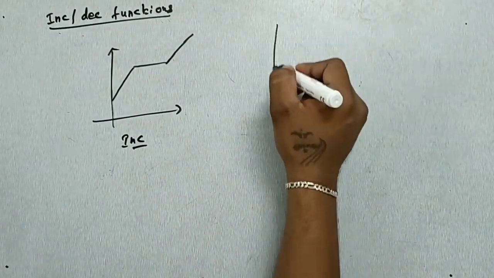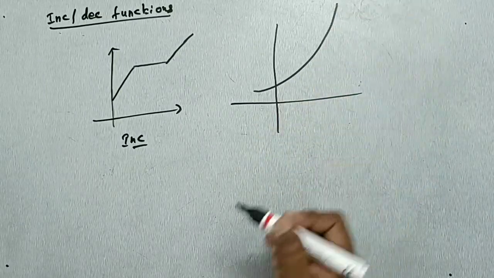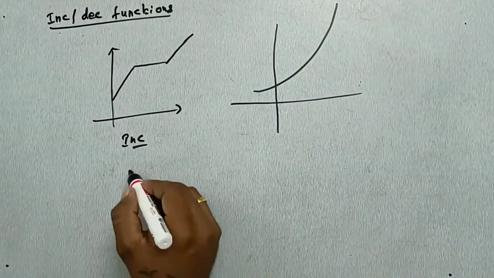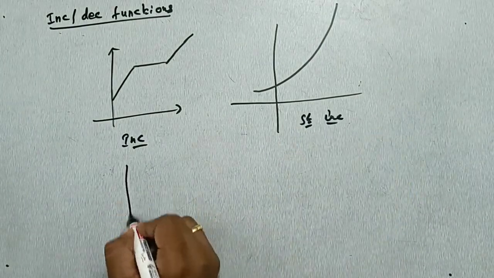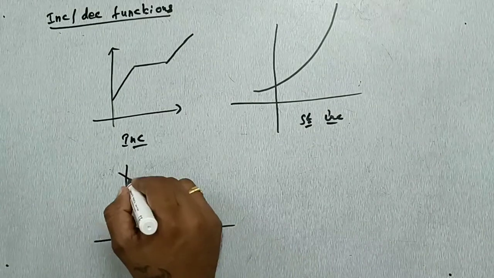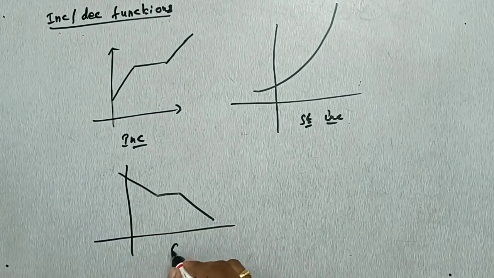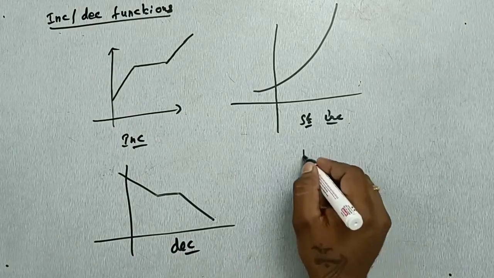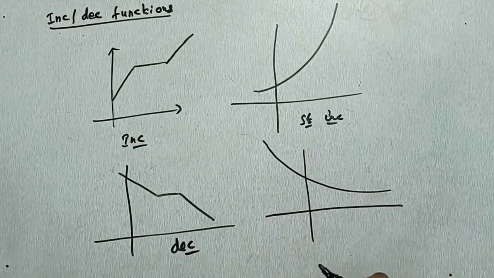What is a strictly increasing function? Example, this is the graph for a strictly increasing function. Similarly, this is strictly increasing. A decreasing function means at a certain point it is coming down, so this is called a decreasing function graph. Strictly decreasing means this is a strictly decreasing function graph.